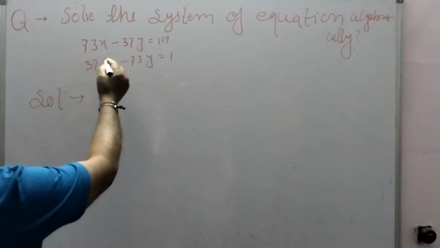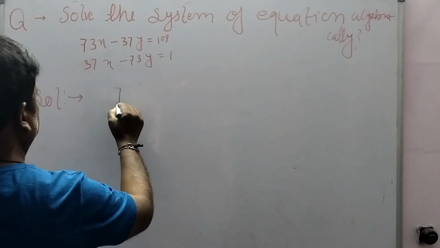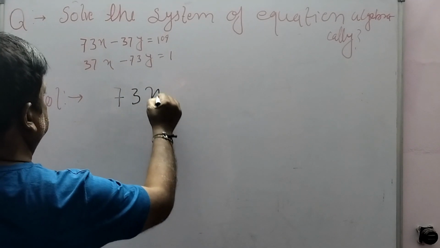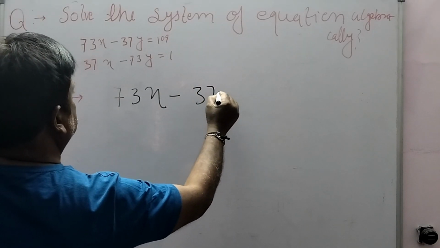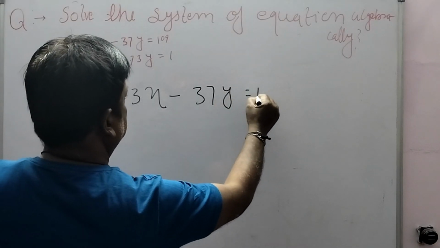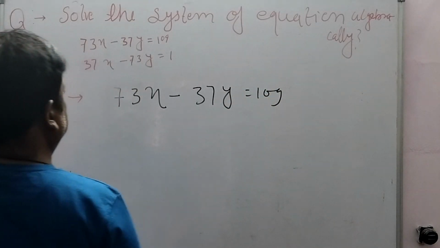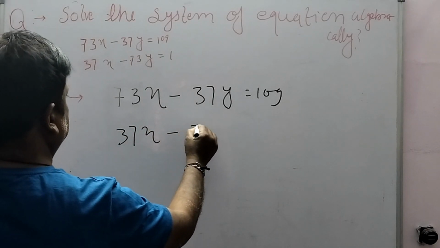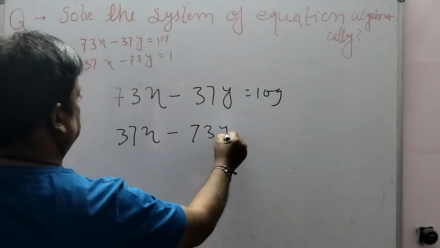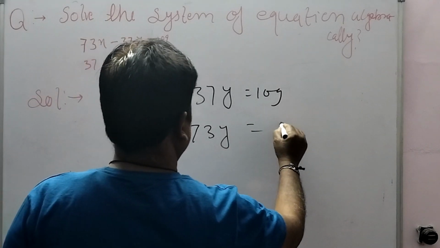First we add. Suppose the equations given are 73x minus 37y equal to 109 and 37x minus 73y equal to 1.